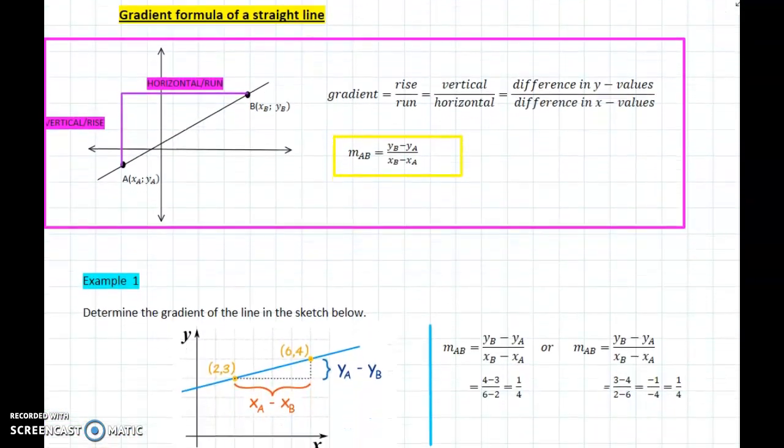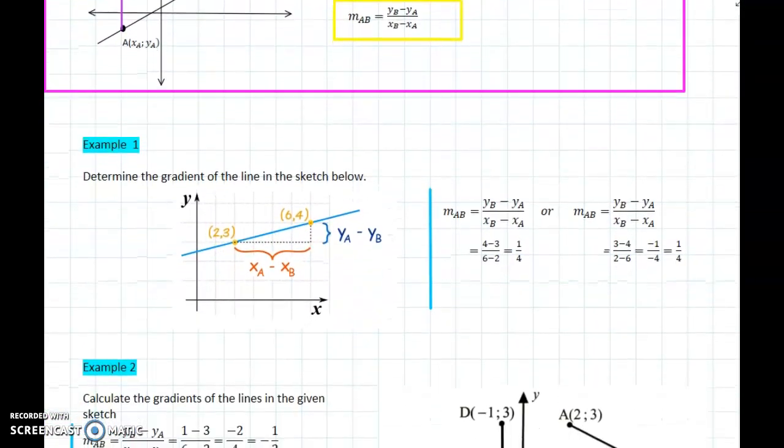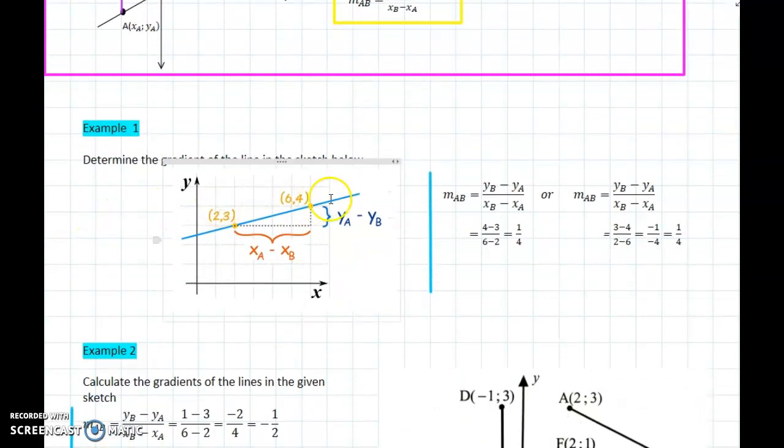Let's look at a few examples. Determine the gradient of the line in the sketch below. So there we have 2 points: (2, 3) is the one point and (6, 4) the other point. So gradient is the change in the y values over the corresponding change in the x values.